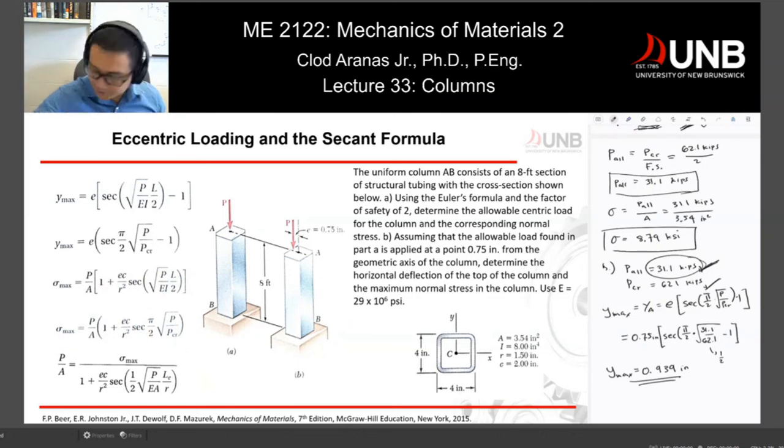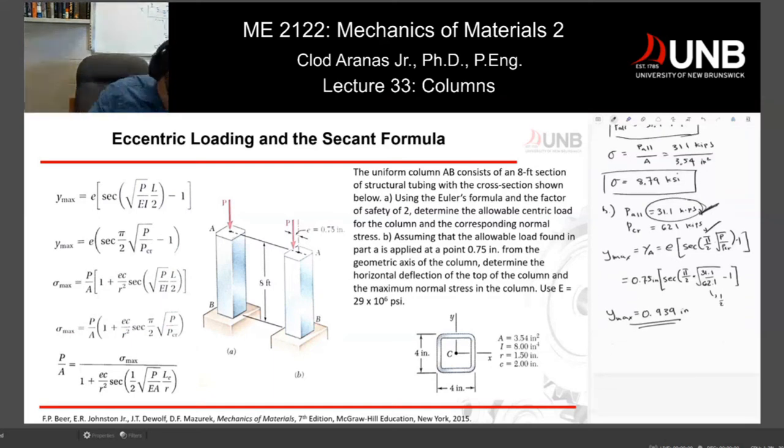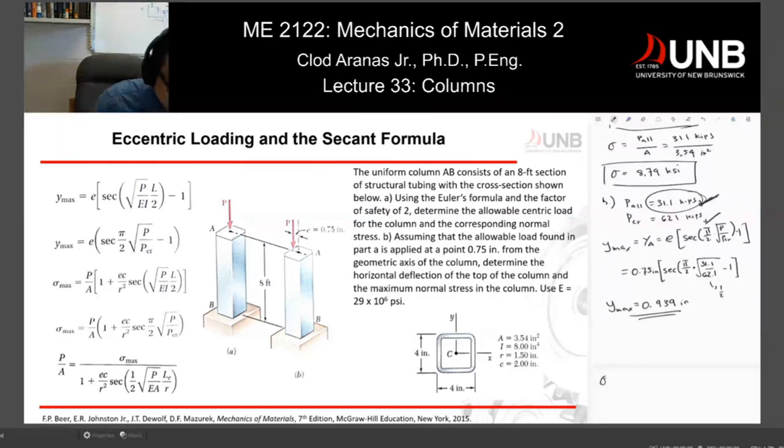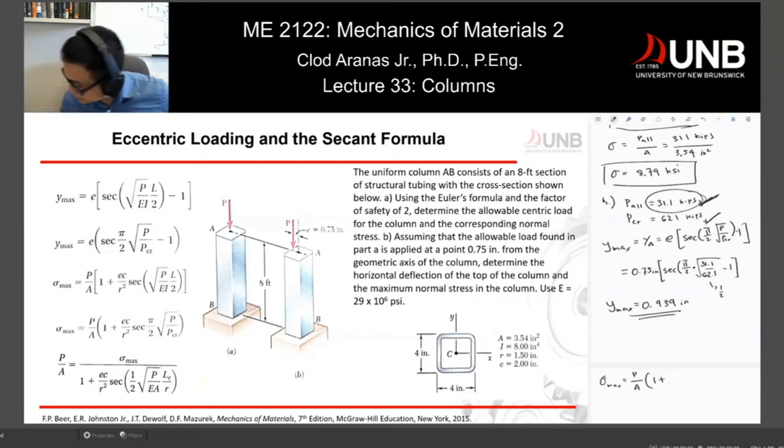So now I can use this equation here. So I have sigma maximum, P over A, is equal to 1 plus, I'm not sure which I use here. I use the one with PCR. If you work it out, that's the same.